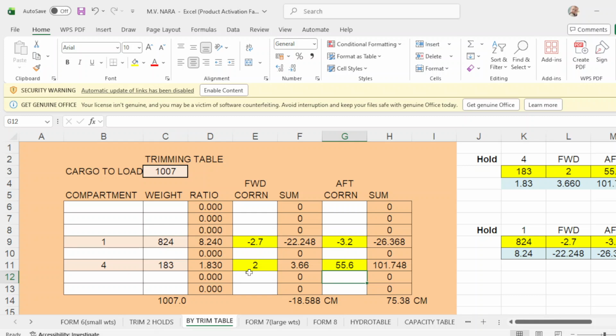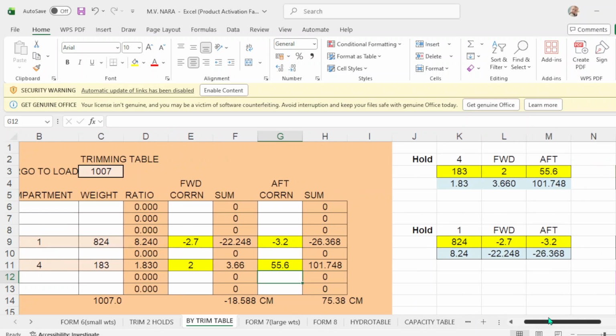And number 4, forward correction is 2. Put this one. And aft correction is 55.6. This is only my guess or approximation because I don't have the exact figures of the trimming table. Okay, I just give you the procedures on how to do it.